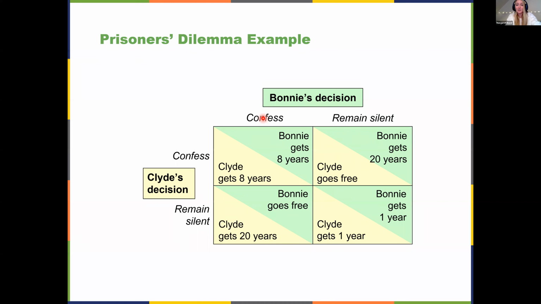So in this situation, we call confessing a dominant strategy. Basically, a dominant strategy is when both players get better outcomes by confessing and blaming the other person for the crime, rather than remaining silent.